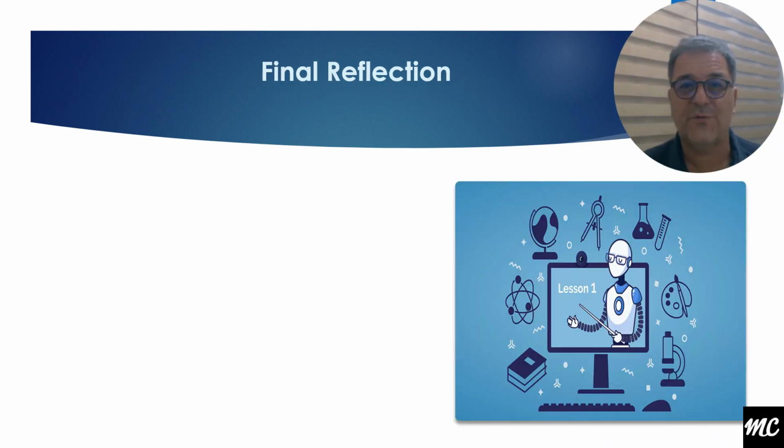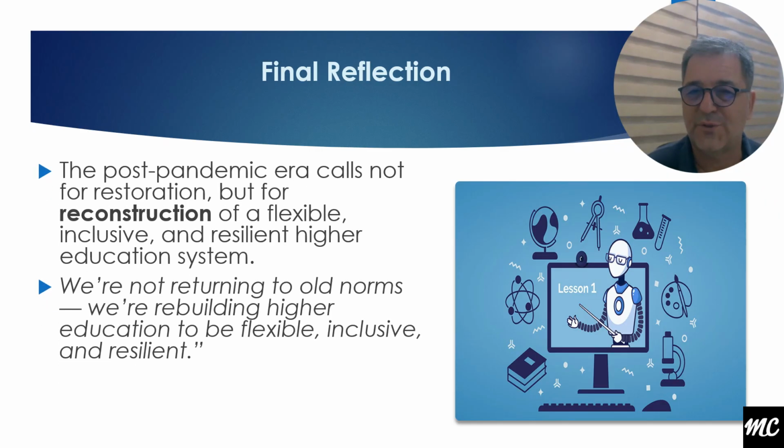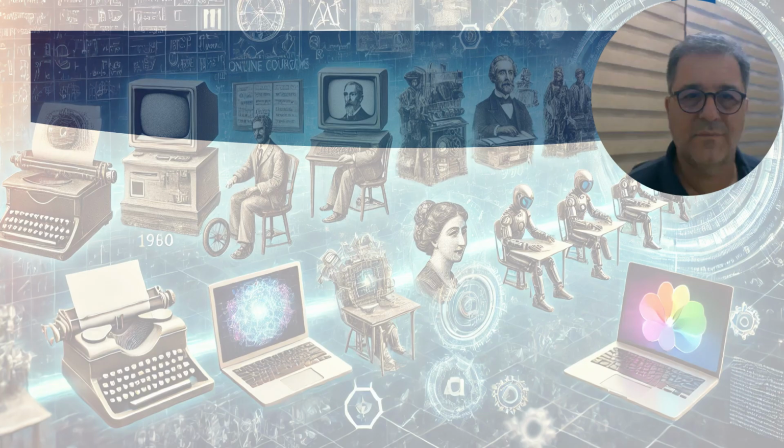A final word for today, maybe. The post-pandemic era is not time to revert, but to reconstruct. We have the tools, we have the knowledge, and now the momentum. Let's build learning ecosystems that are not only digital, but also human, inclusive, and adaptable.